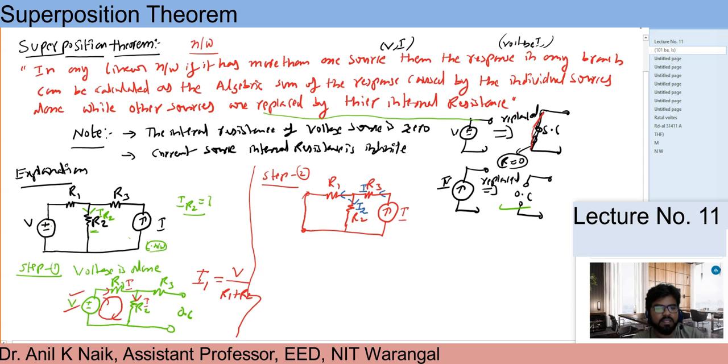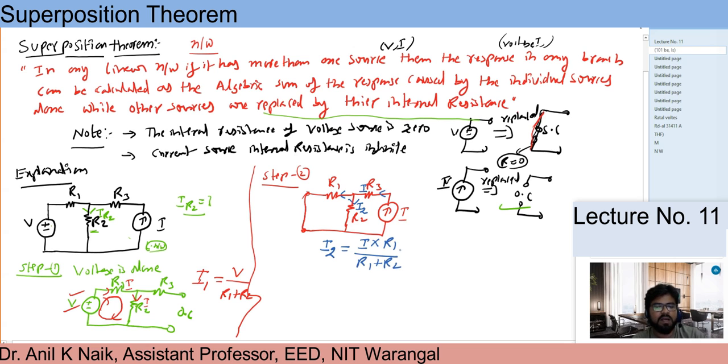So I can take this as the I2 current, then apply the current division technique here to find I2. I2 is the current flowing in R2 due to this current source. I2 can be calculated as the total current I times R1 by R1 plus R2.